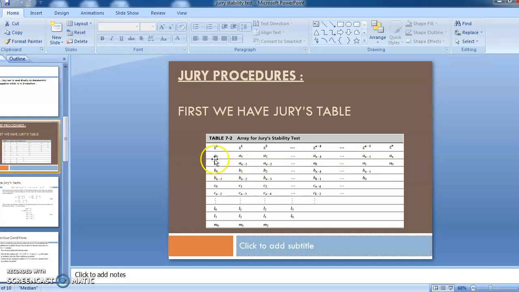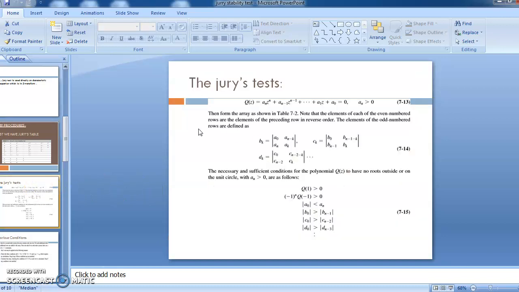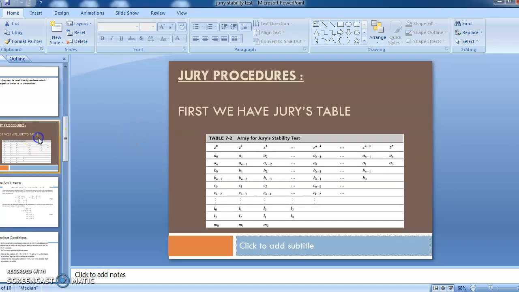And the first row represents the coefficients of the corresponding powers of z, a0, a1, a2, up to an, which are the coefficients of this characteristic equation given by equation number 7.13.